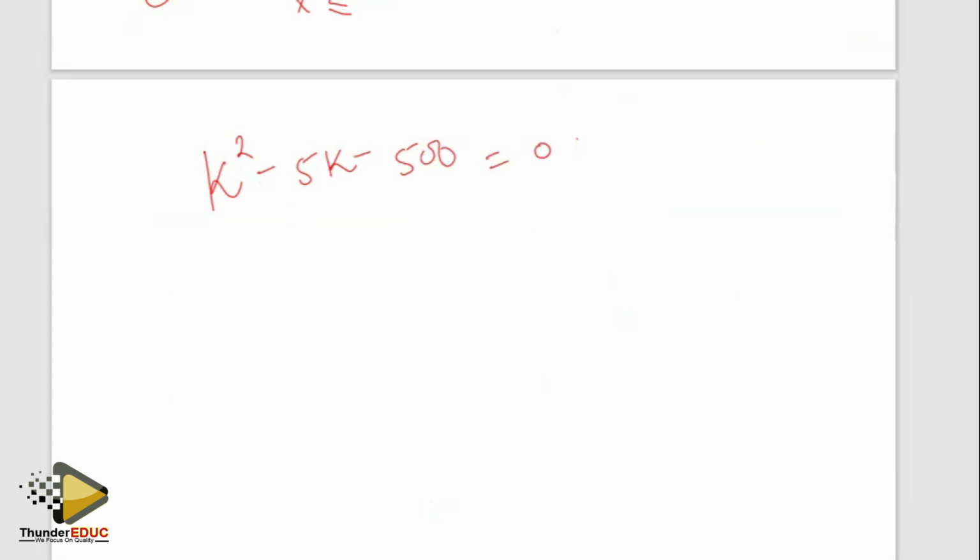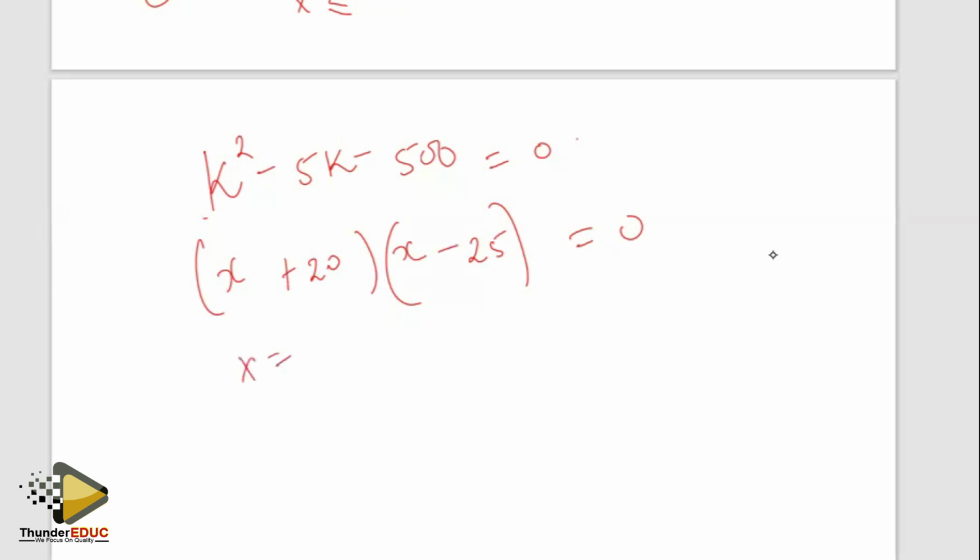Okay, so which two numbers are we looking at for us to create the factors? So I can use 20 and 25. So 20 and then 25. So this is a minus, then that's a plus.